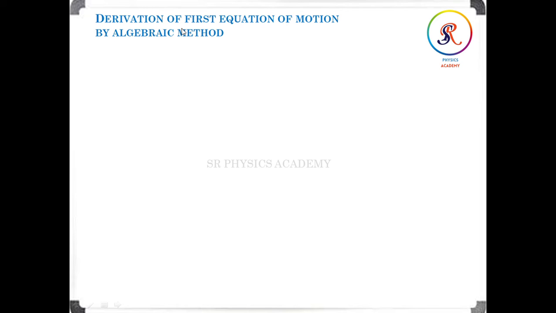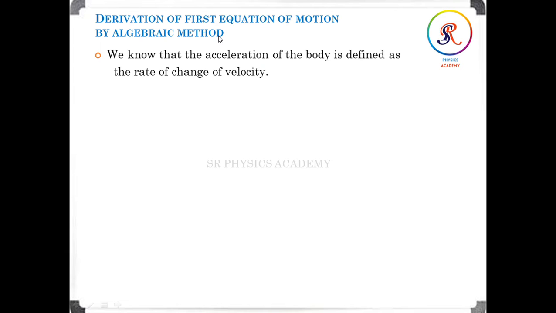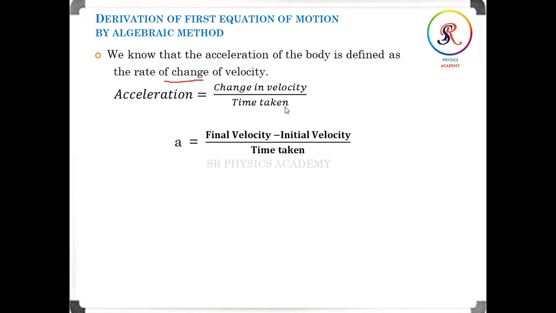Here is the derivation of the first equation of motion by algebraic method. We know what acceleration is: the rate of change of velocity is the acceleration. So we can write acceleration equal to change in velocity by time taken. Change in velocity is nothing but final velocity minus initial velocity.